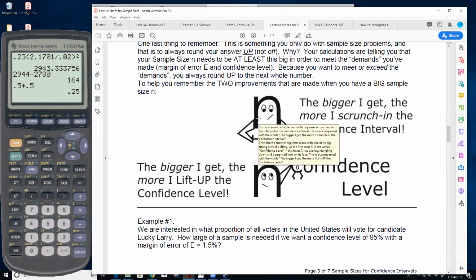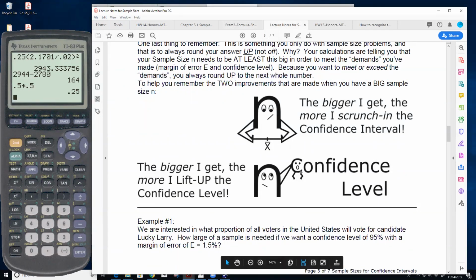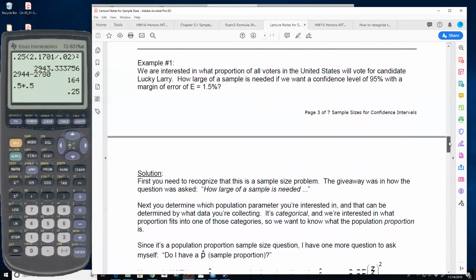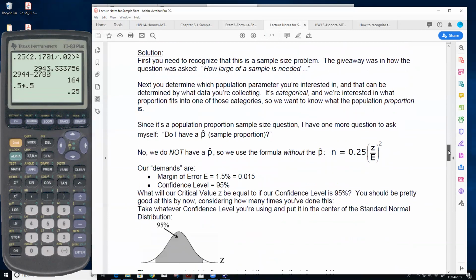The sample size is so big and so strong, it can scrunch in the interval. That helps your brain remember, oh yeah, increasing the sample size shrinks the interval. And also because it's so big and strong, it can raise the confidence level. It's just little memory tricks that make things easier to remember.